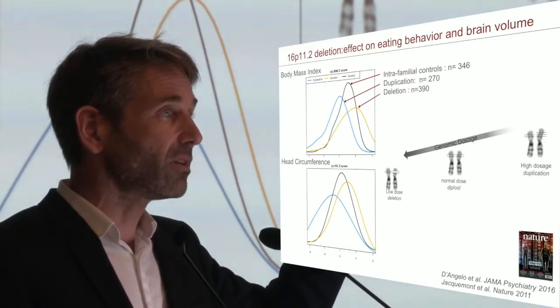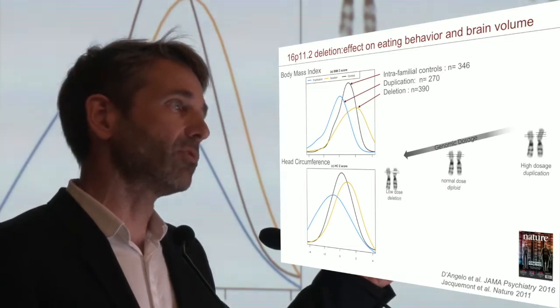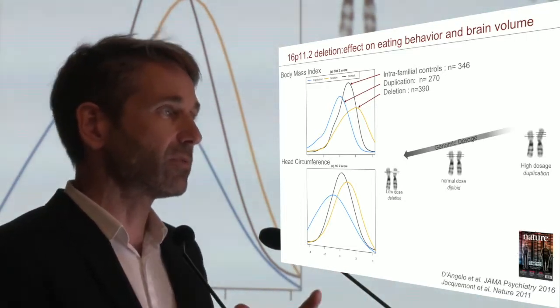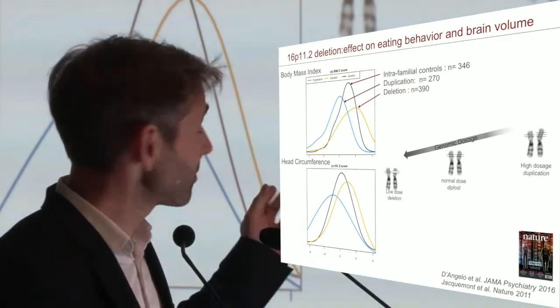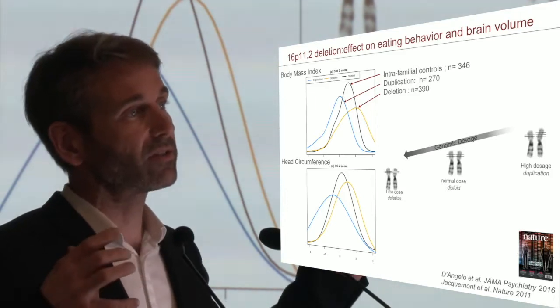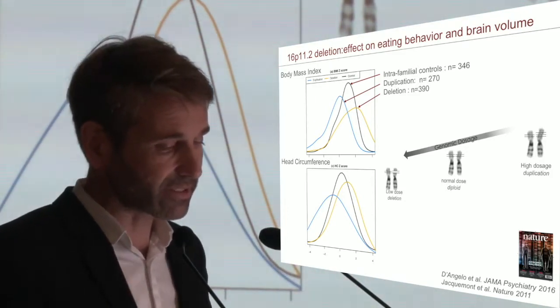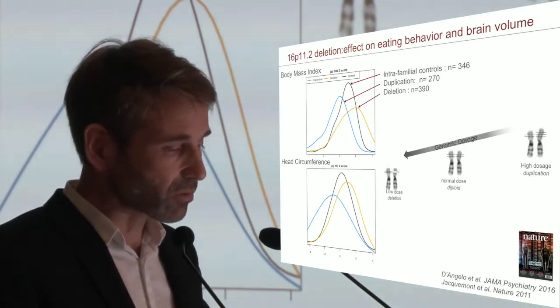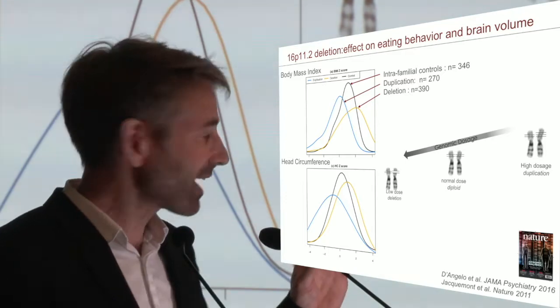So if you decrease expression, you're increasing your BMI, and if you increase expression, you're decreasing your BMI. And it's a very quantitative relationship. And same thing for brain volume. If you decrease your expression of that region, you're increasing your brain volume, and if you increase expression, you're decreasing it.